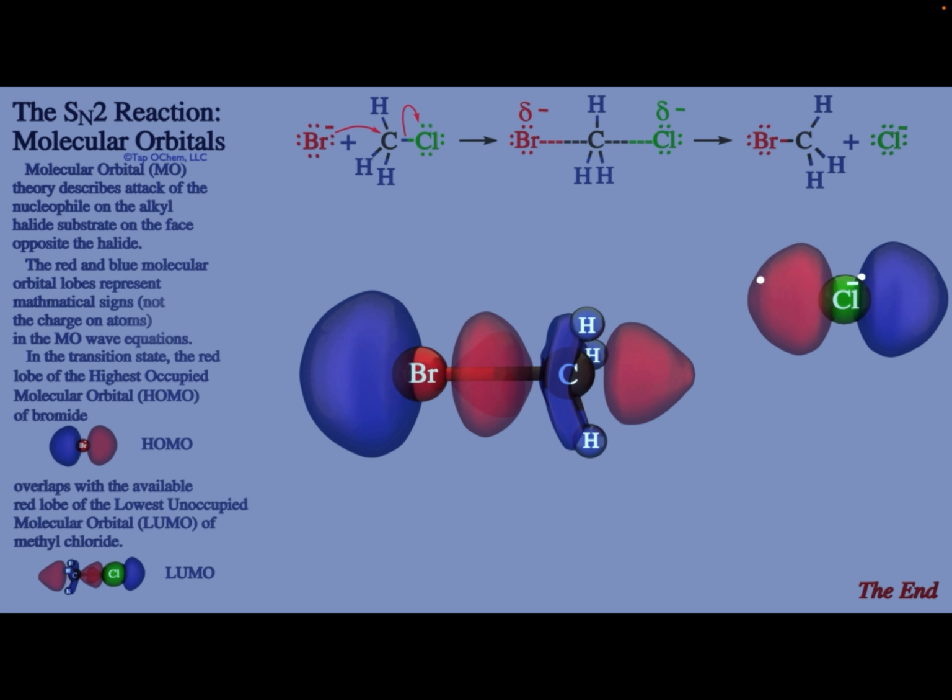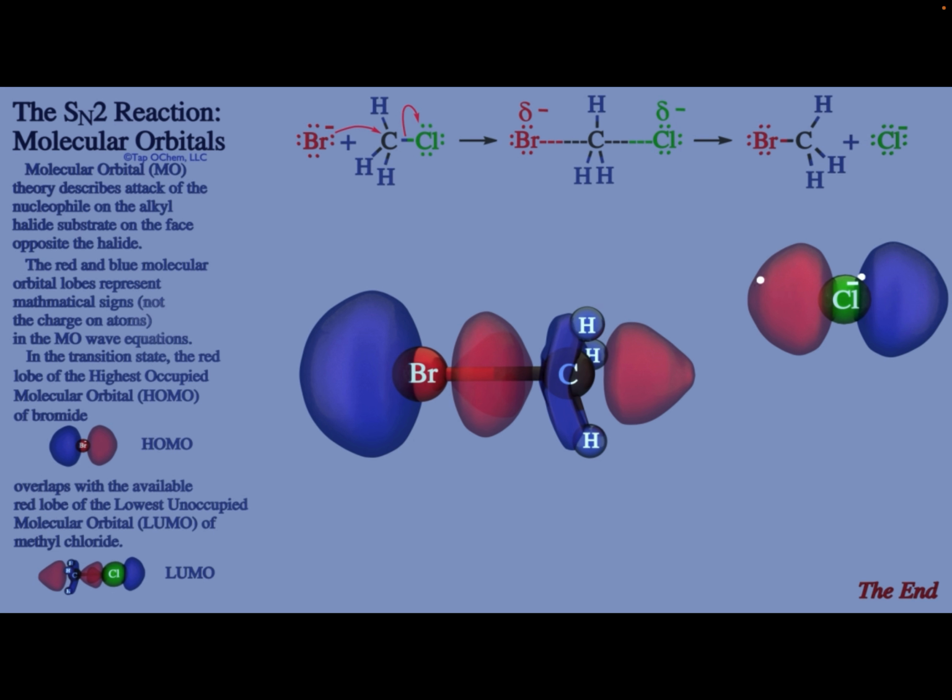So this is your bond, so this is your sigma molecular orbital right there. Okay? So this will be our C/X antibonding orbital. And here, the nucleophile is pretty much in a non-bonding orbital, so it just becomes a non-bonding orbital. So we could just say this is non-bonding.